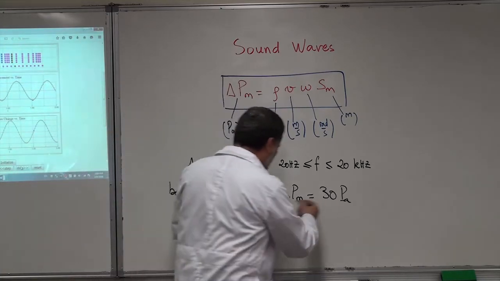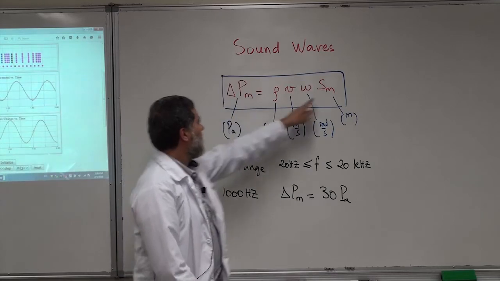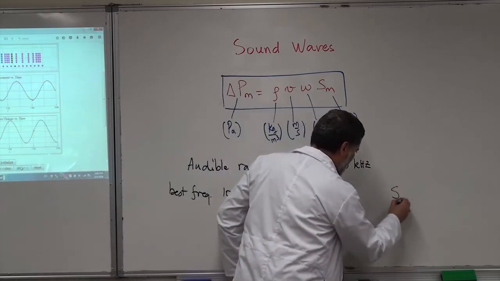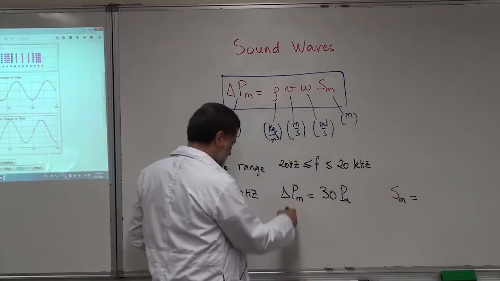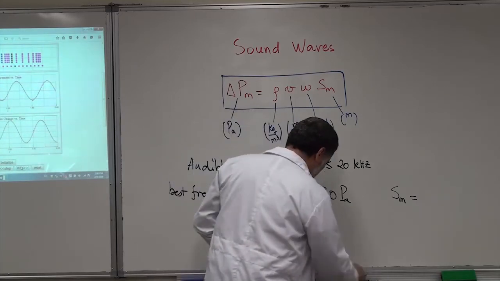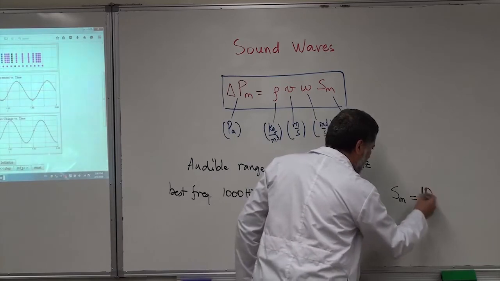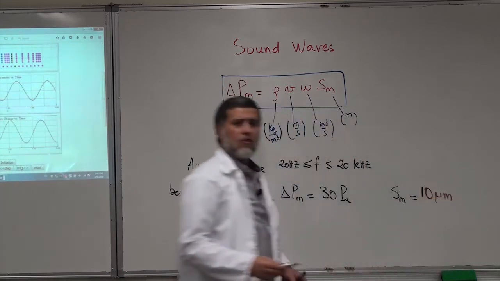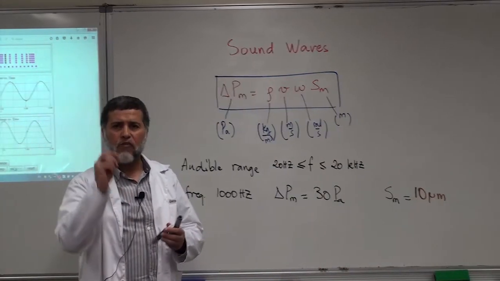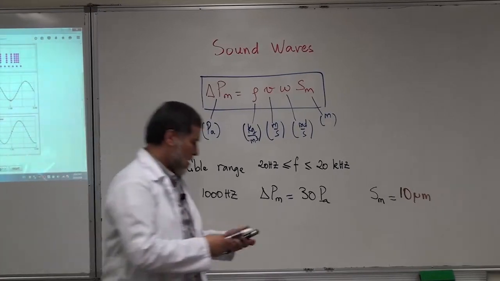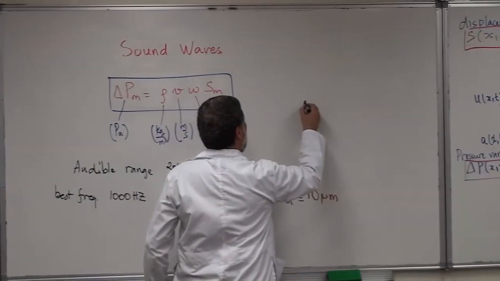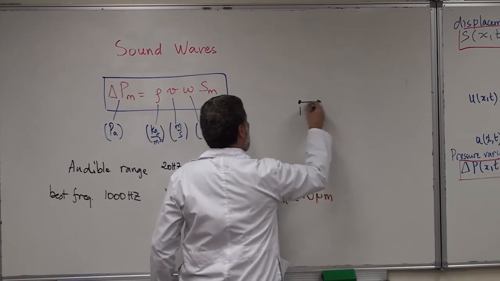For this pressure variation, you put it here, and the SM value is around 10 micrometer. Now imagine this distance. These are the oscillations of the particle. This is the maximum distance reached by the particle. The particle's equilibrium is here, and it's oscillating.